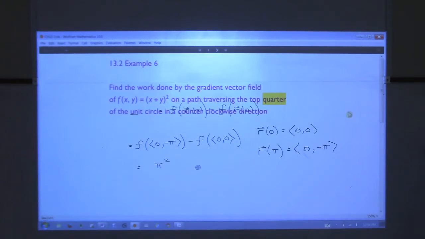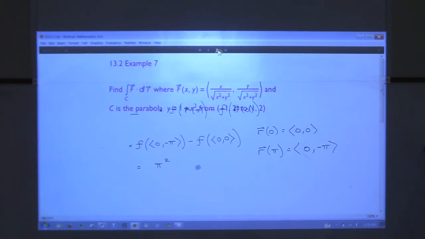Yeah, we could have. We know what little f is. We were asked to find the work done by the gradient vector field. So yes. Now, we couldn't do it here because we don't know if this f right here is the gradient of a scalar function. We don't know that.